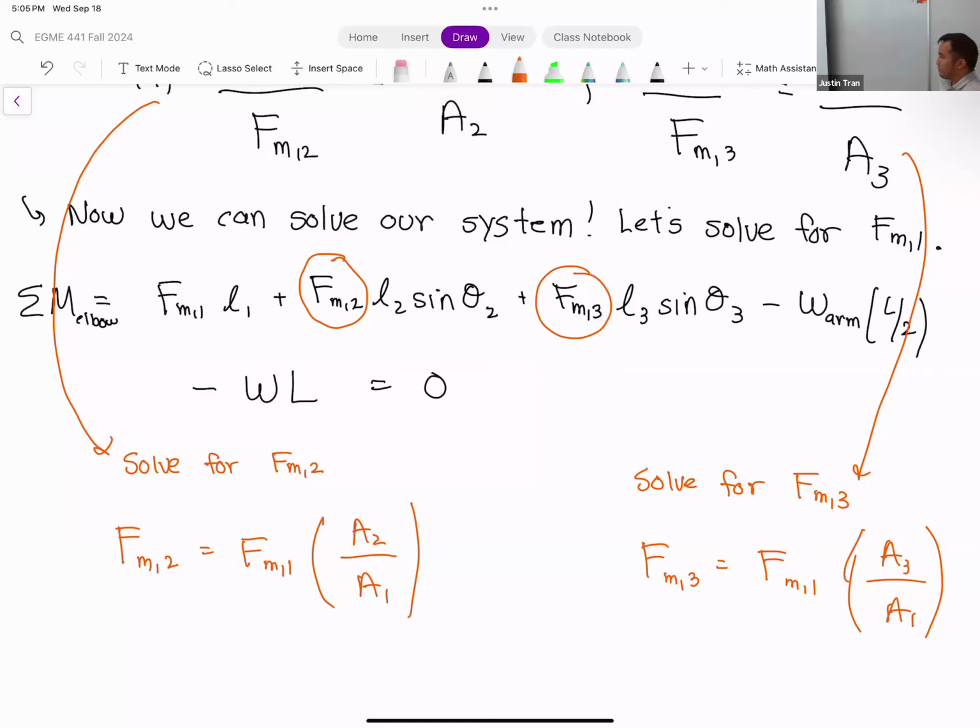All right. So now let's take these two results and plug them into our moment equation. What that will do is give us one single equation to solve for FM1.